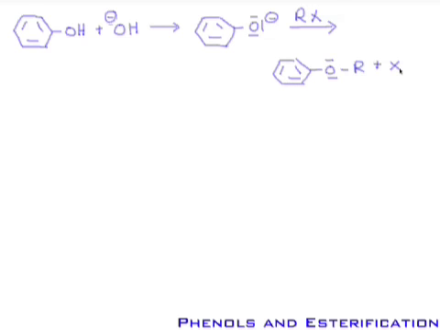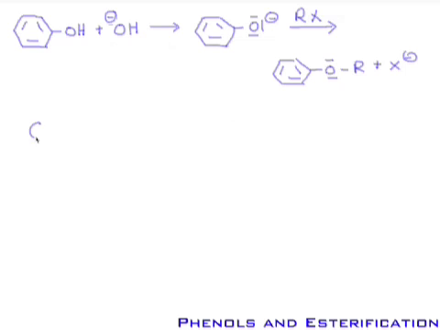This was the Williamson synthesis of ethers. And this chemistry is made easier. Hydroxide is able to deprotonate phenol directly as a consequence of the presence of the aromatic ring. Phenol chemistry is very rich.